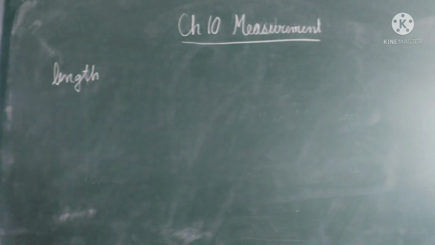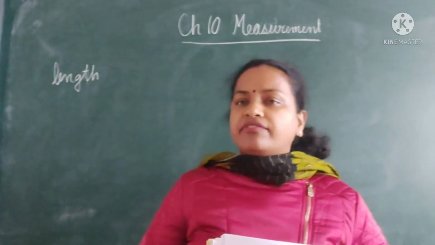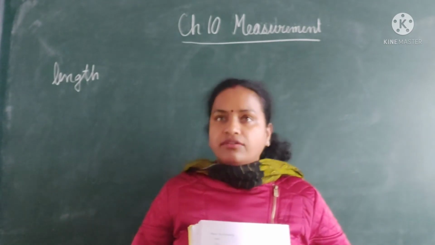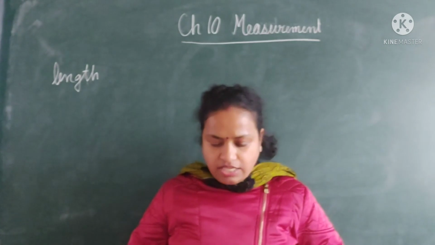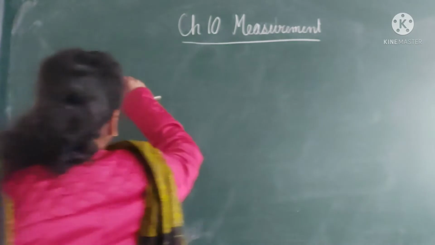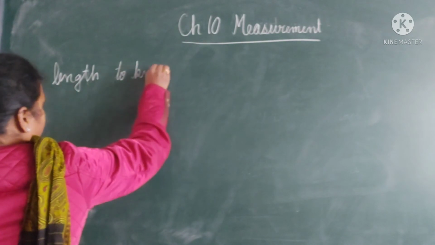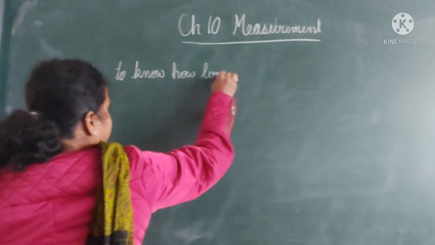So what do you know by length? Can anyone say? The length is used for measuring the distance between two places, or of a thing, how long or how small it is. To know how long something is.